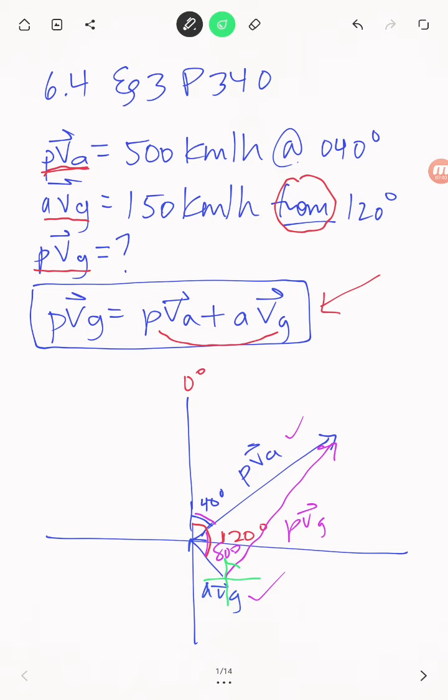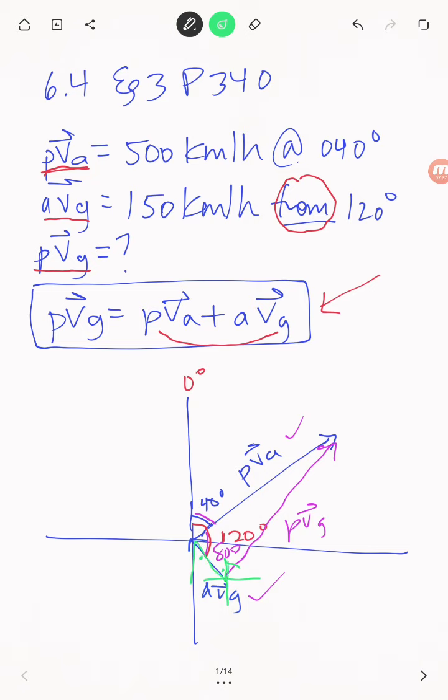If I look over here at this angle here, I'm just going to put a green dot there because it's a little small to write in there. If I knew that angle, then I would also know this angle over here, because there's a Z pattern there, right? 1, 2, 3, Z pattern. Okay.